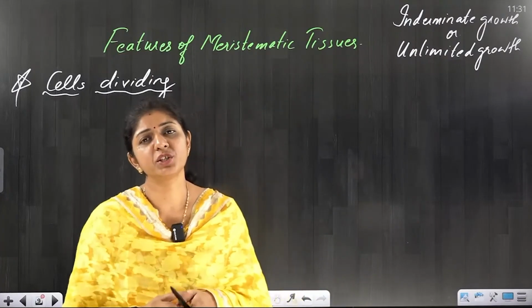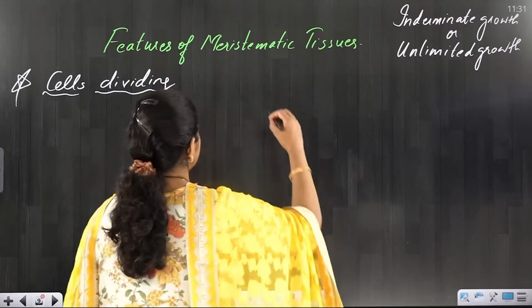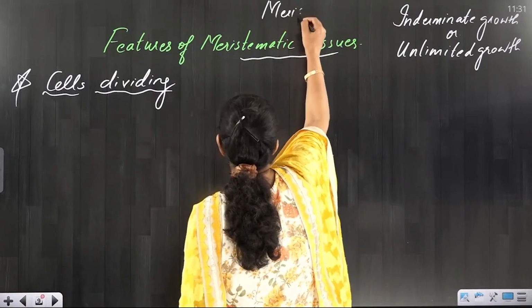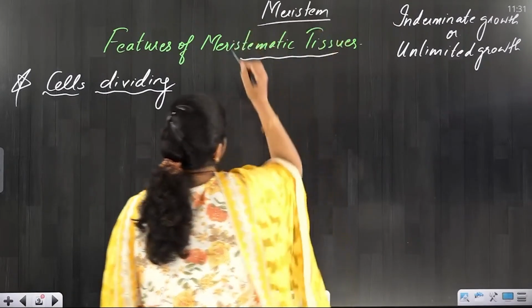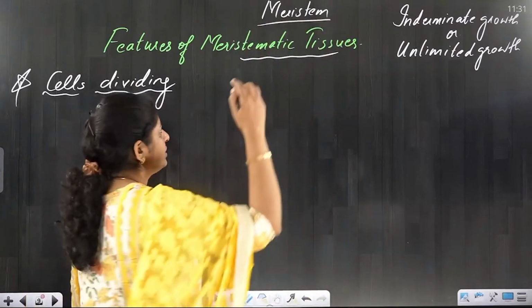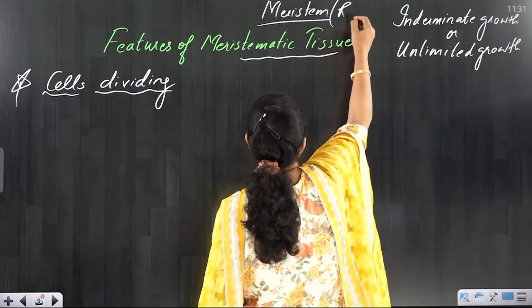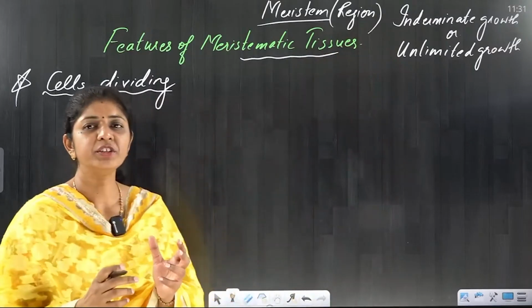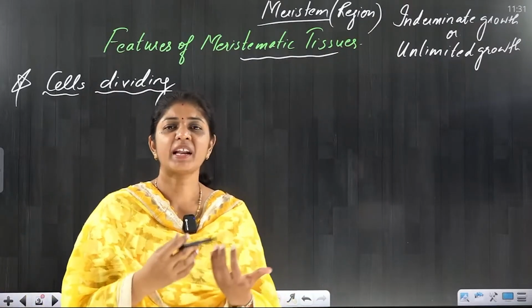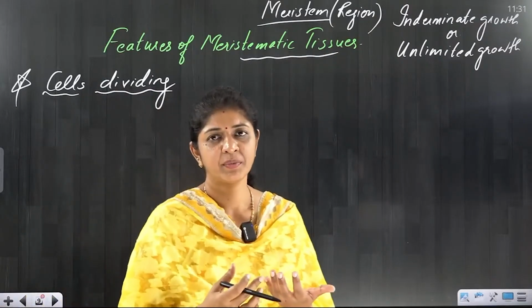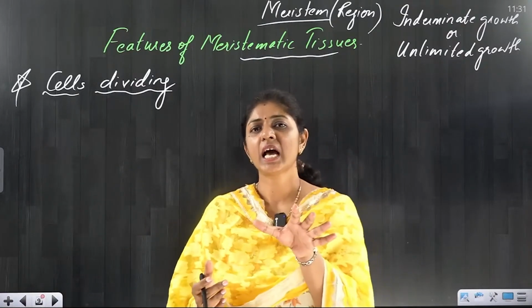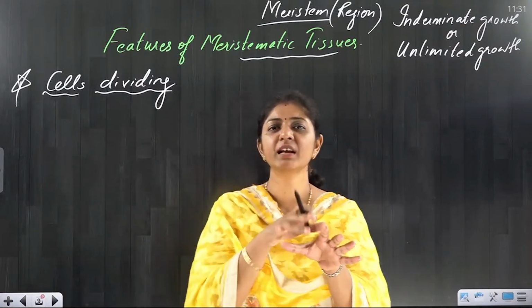Now, where are these meristematic tissues present? These meristematic tissues are present in the meristem. Meristem is just a name for the region, right? This is the name of a region where these meristematic tissues, or meristematic cells, are present. For example, a class is a place where students are present.